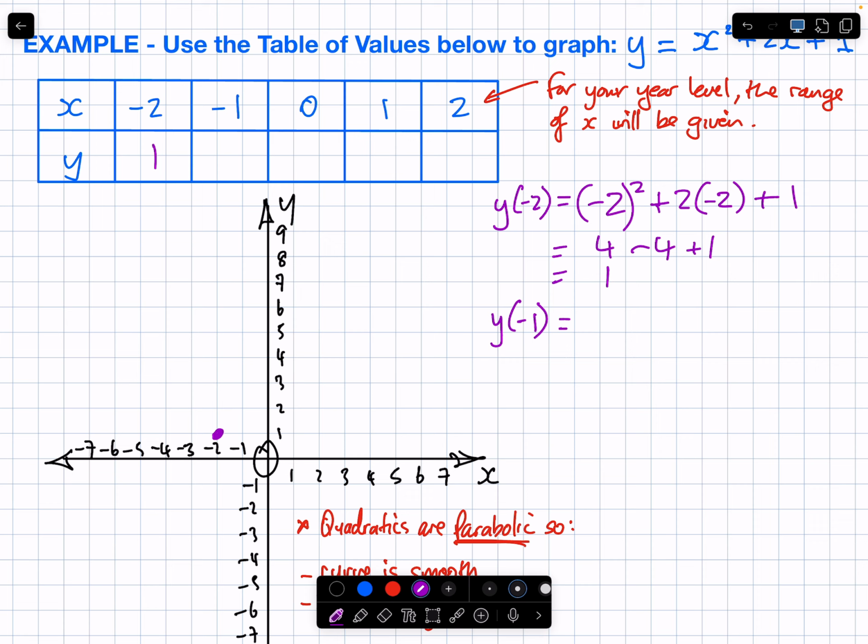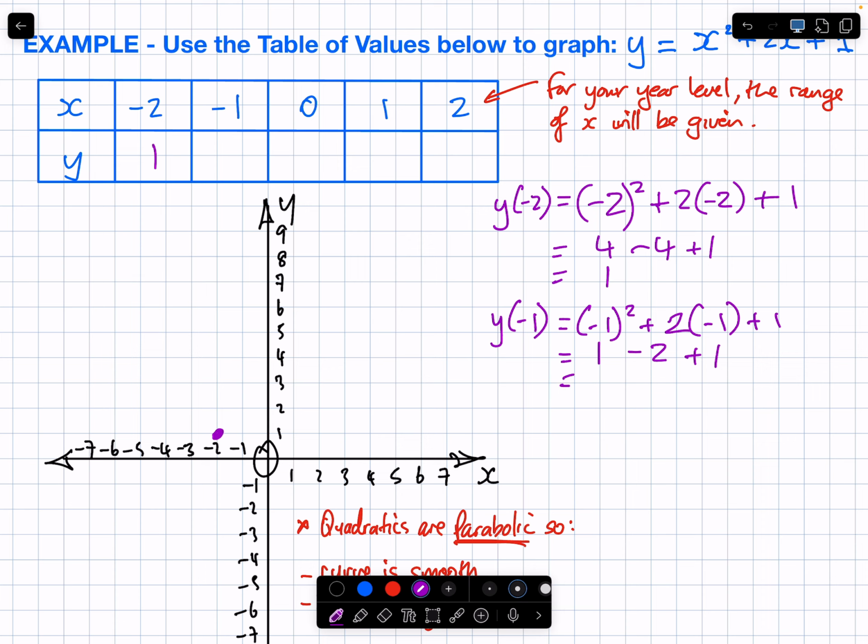Negative 1 in brackets squared. Yep. Plus 2, negative 1 in bracket plus 1. Okay. Negative 1 squared. 2 times by negative 1. Plus 1. 1 take 2 is negative 1 plus 1.